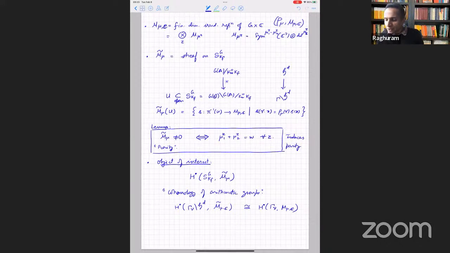You observe that if this W is, for example, even, then both mu1 and mu2 have to add up to something even. So both are even or both are odd. You see, there is a parity constraint like that.